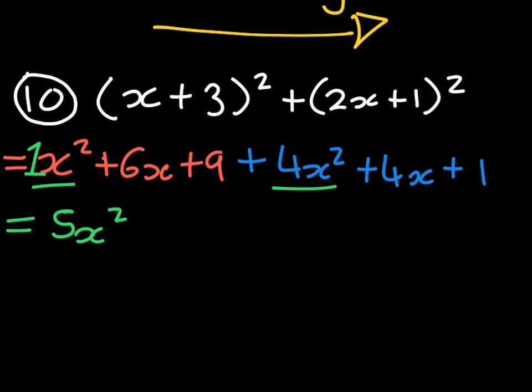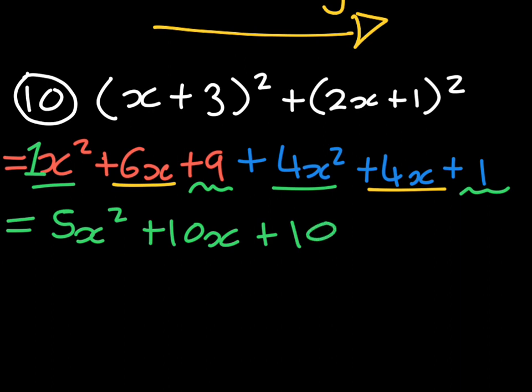Next, we're looking at the terms which have x's. 6x plus 4x will give us 10x. And lastly, we're going to have a look at the constants, which are 1 and 9. So 9 plus 1 gives us 10. And that is our final answer for question number 10.